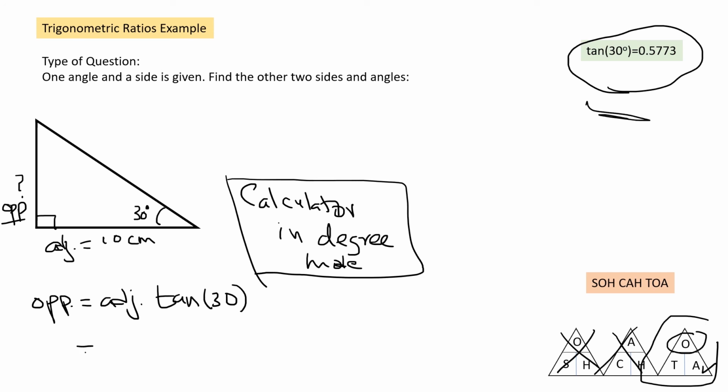So the adjacent in this triangle is 10 centimeters times tan 30, which is 0.5773. So the answer is 5.773 centimeters. So the opposite is 5.773 centimeters. Thank you. Move on to the next video.